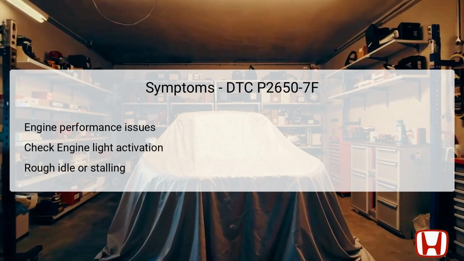Furthermore, the check engine light will likely activate as the PCM recognizes the anomaly in the oil pressure readings, prompting a diagnostic check. Another possible sign includes rough idling and, in extreme cases, engine stalling under load due to inadequate oil pressure reaching essential engine components.